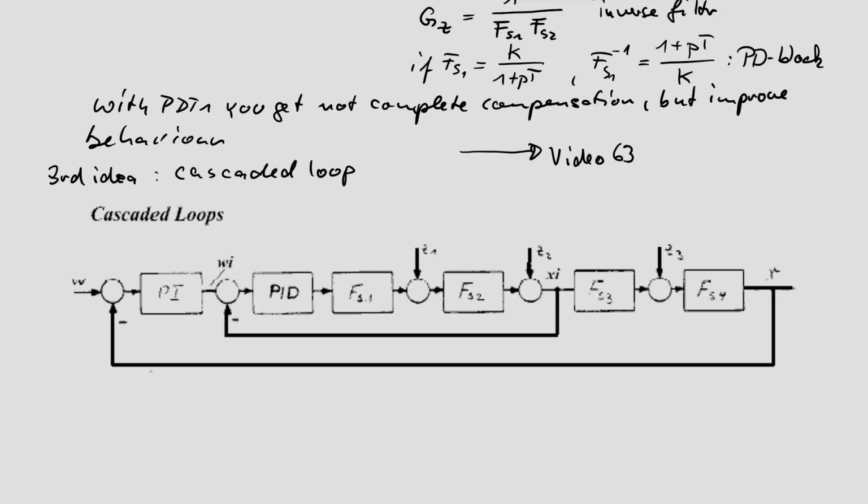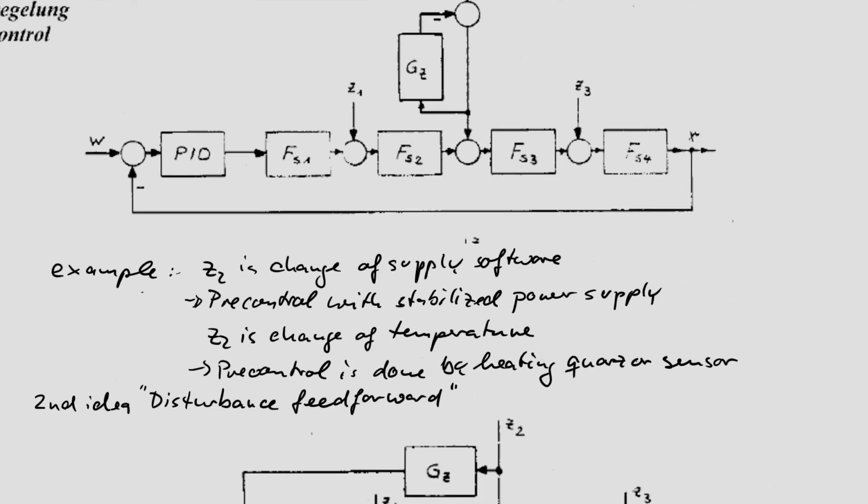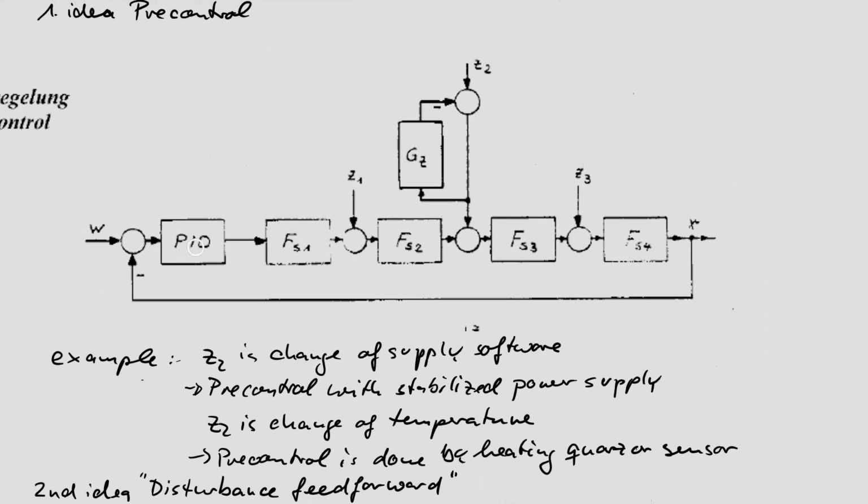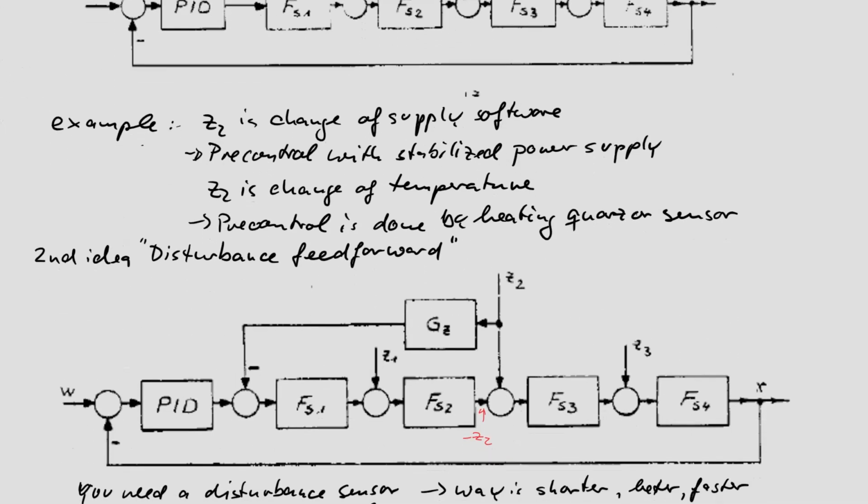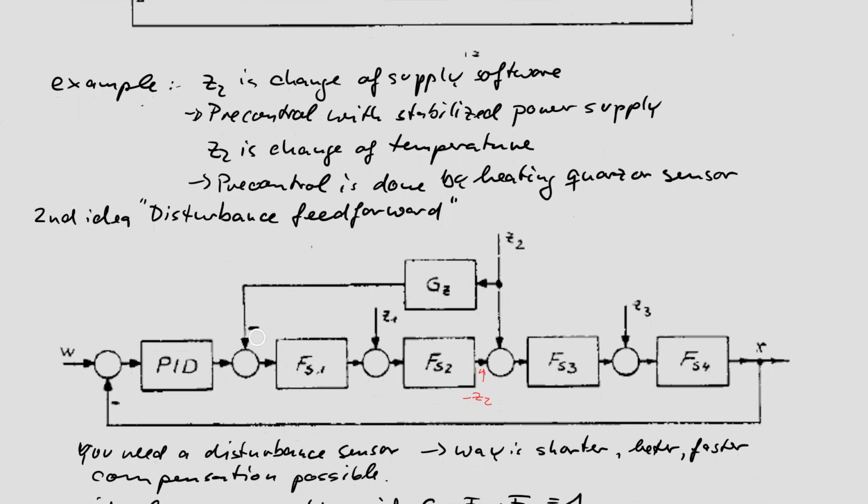Note that this changed our original PID design. You can throw it away. If you go to cascaded loops, then forget all about single loop design, what you have done. In our previous improvement methods, the original PID is not changed, because this change has nothing to do with the dynamics of the loop. This change also has nothing to do with the dynamics of the loop. Just an addition, but not a dynamical change, so the PID is unchanged.